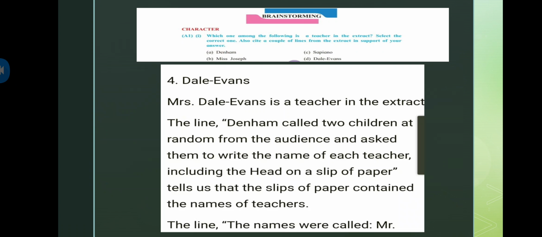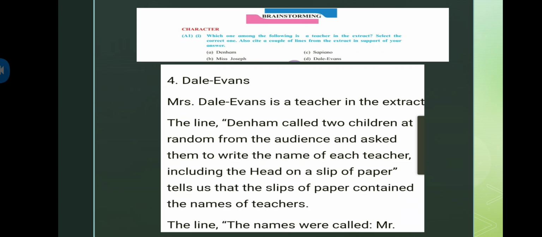So basically, Mrs. Del Evans is a teacher in the whole extract, and there is a proof of how we know that Del Evans is a teacher. The extract says: Denham called two children at random from the audience and asked them to write the name of each teacher, including the head, on a slip of paper.